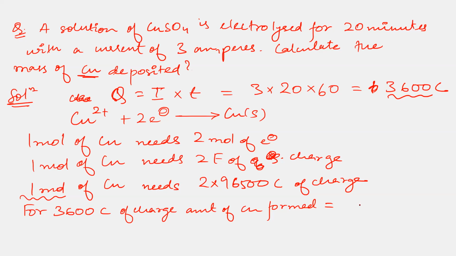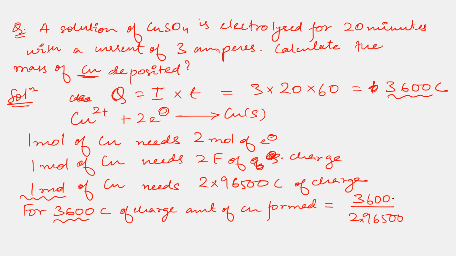So we divide what we have by what we should have. We will divide 3600 by 2 into 96500.